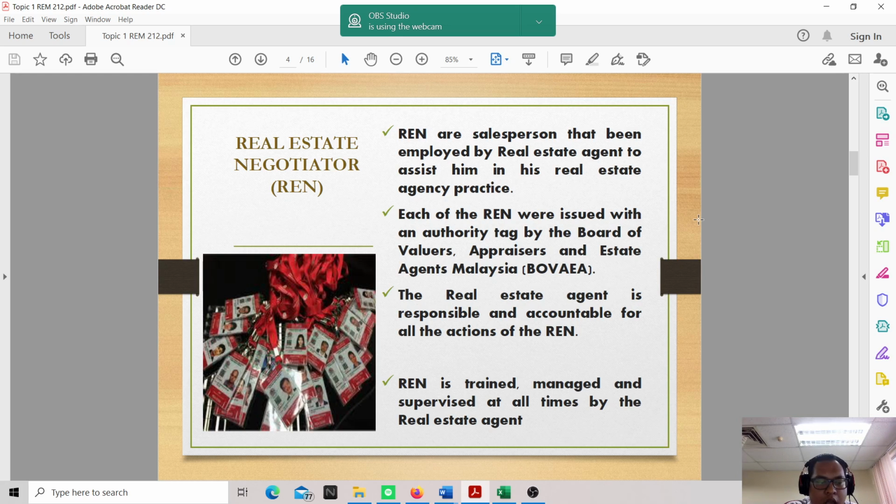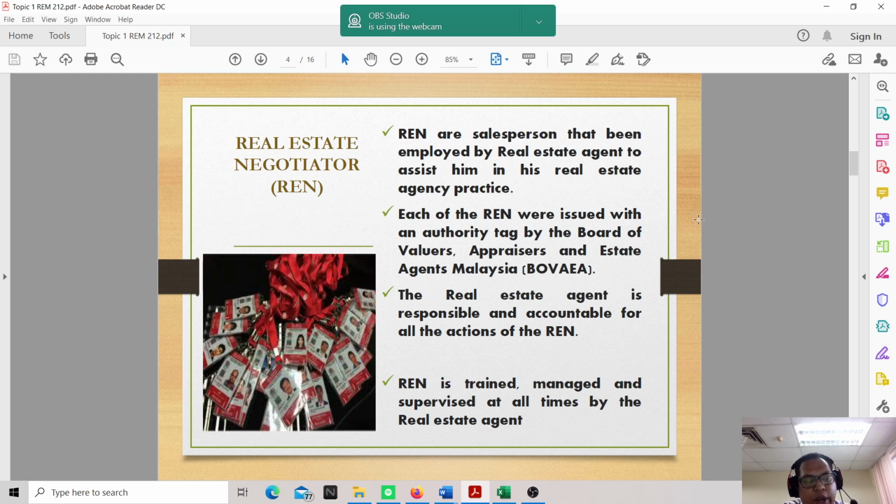Okay, so for the negotiator, the real estate agent is responsible and accountable for all the actions of the REN. Meaning if the REN did misconduct, like putting up banners on lamp posts, which is illegal under the Local Authority Act, then the board can take action on the registered estate agent, the boss, not the REN, because the REN is under the supervision of the registered estate agent.